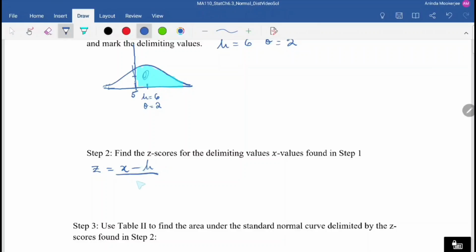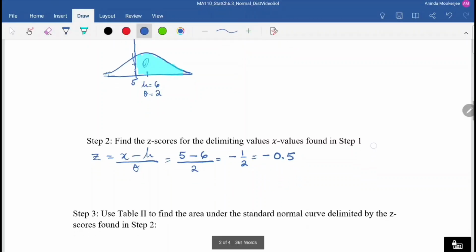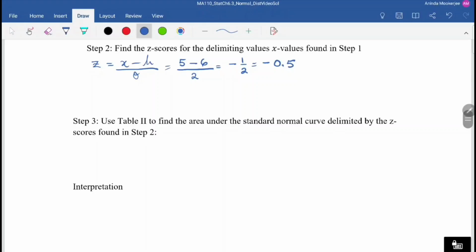So z equals x minus mu divided by sigma. So x is 5 minus mu 6, divided by sigma, which is 2, which is negative 1/2, correct? Which is negative 0.5. So now we have to go to the table with a z value of negative 0.5 and find the corresponding area.